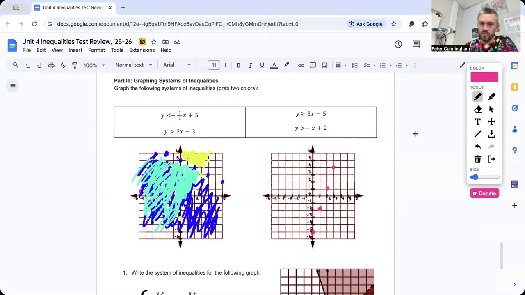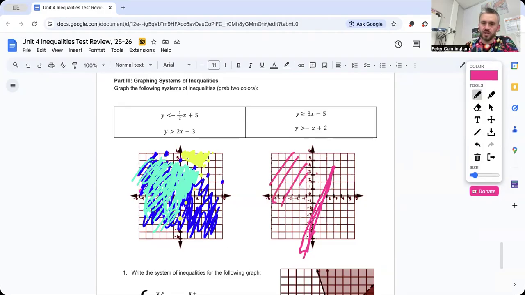So we need to connect those with a straight line. Oh, I thought I hit the line tool. There we go. I need to be greater than that line, which would be all these things, right? So that's all above that line.